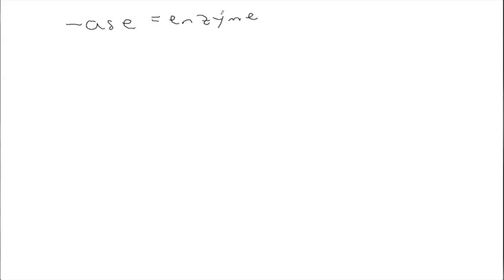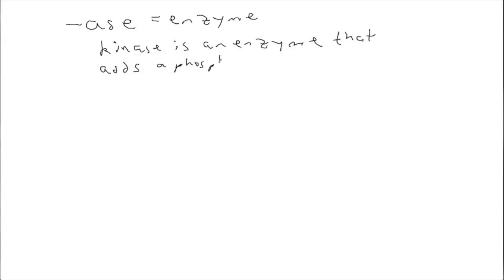And remember, what are enzymes? Enzymes are a type of protein. They're a type of molecular machinery that do things. Enzymes help reactions to occur. So a kinase is an enzyme that adds a phosphate group to another molecule.